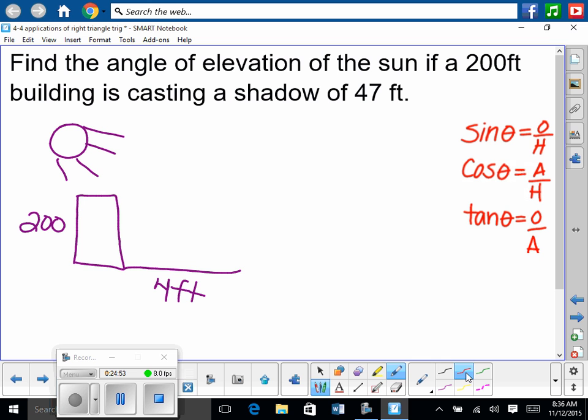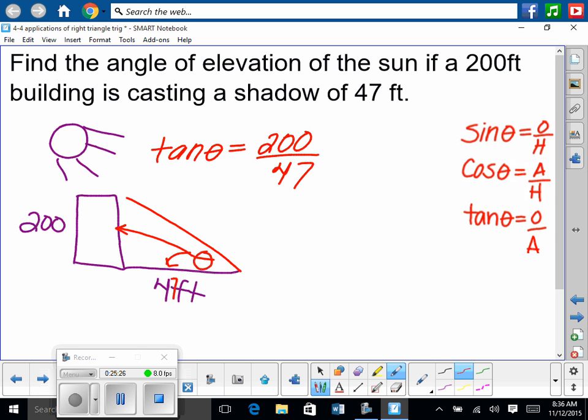We know angle of elevation starts from the ground up. So wouldn't that be ding, ding, ding, ding? What's the angle of elevation up to the sun? Does everybody understand how this is the angle of elevation up to the sun? So this is theta, right? Yeah, it's 47. Thank you. So does everybody understand how this is theta? So then we'll use a trig ratio, opposite and adjacent, right? So it'll be tangent. So we have tangent of theta is equal to opposite, which is 200, over adjacent, which is 47.